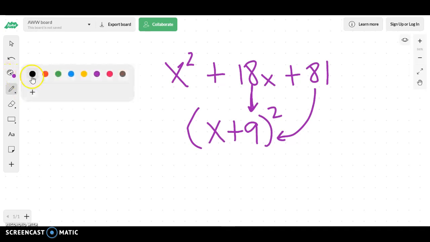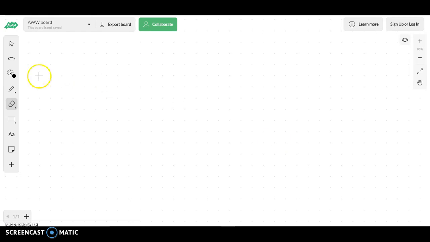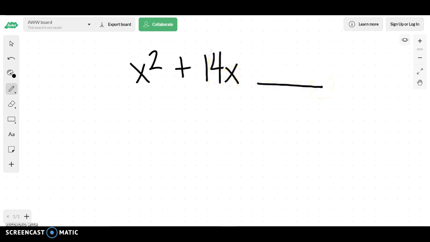Now the idea in completing the square, when we get to completing the square, is they're going to give us two numbers. And we are going to want to be able to pick the third number. So I might have x squared plus 14x, and I might not know the last number.